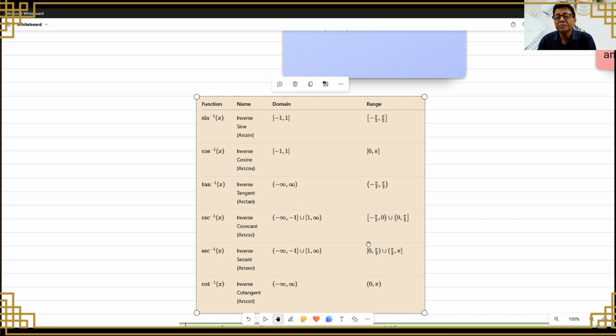And range similar to that of sine, but 0 cannot be included. For sec inverse x, here it also cannot take the value in between -1, 1, and the range cannot include the value of x which is equal to pi by 2. Cot inverse x, -infinity to infinity, and it is 0 to pi.